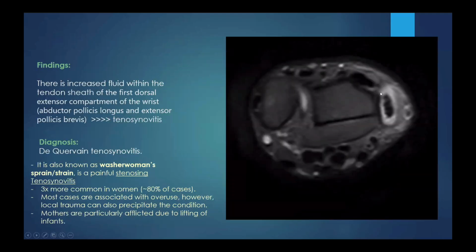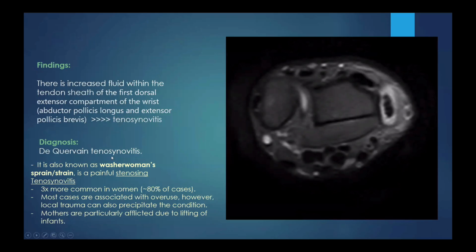We see here increased signal intensity and fluid within the tendon sheath of the first dorsal extensor compartment of the wrist, indicating tenosynovitis.